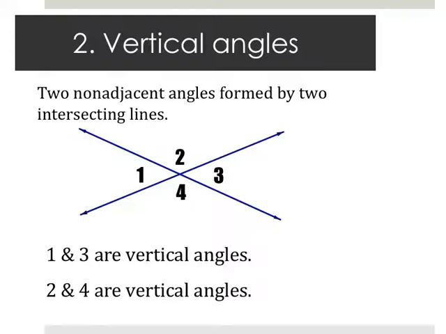The vertical angles are the angles that are across from each other. It has nothing to do with vertical like up and down. It has everything to do with the fact that the angles are across from each other. I don't know why they're called vertical angles, but they are. So as it says, 1 and 3 are vertical angles, 2 and 4 are vertical angles.